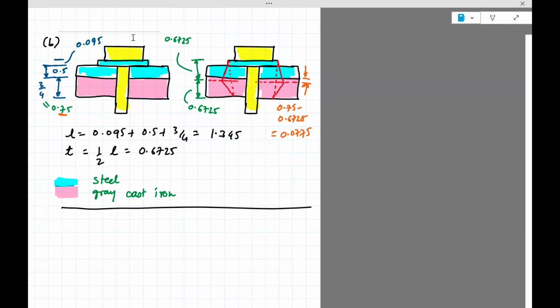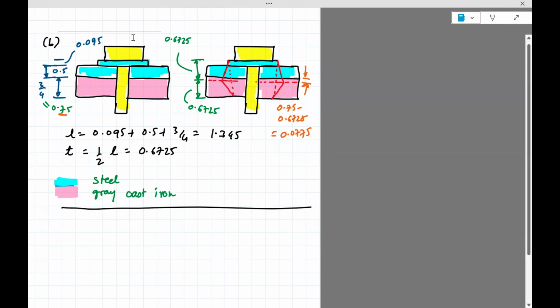Because they are made of the same material, you can take them as one and find the first stiffness. The second stiffness is because of that small part which is of length 0.0775. It's actually buried in the gray cast iron. So that has a different material, but it is a part of the first cone. So you need to include that slightly differently from the third part, which I'll talk about next.